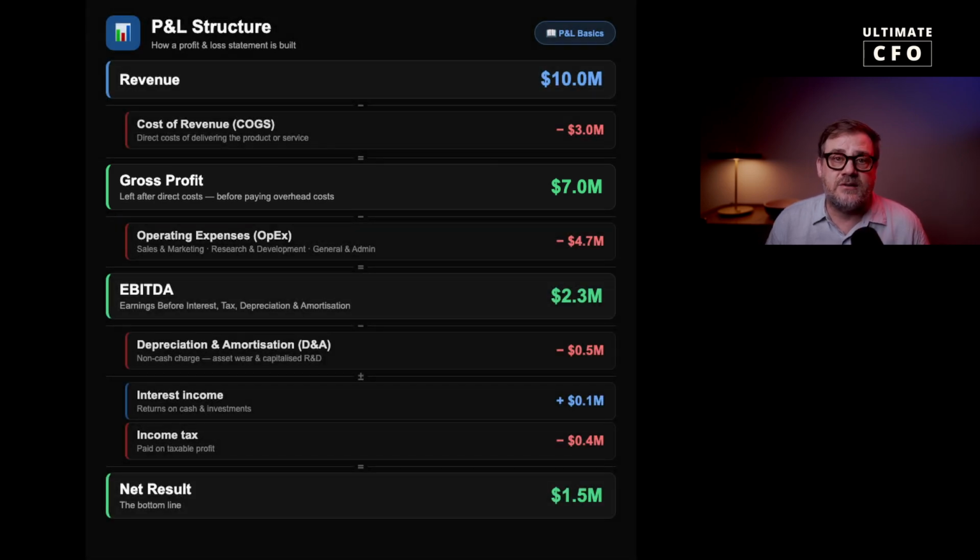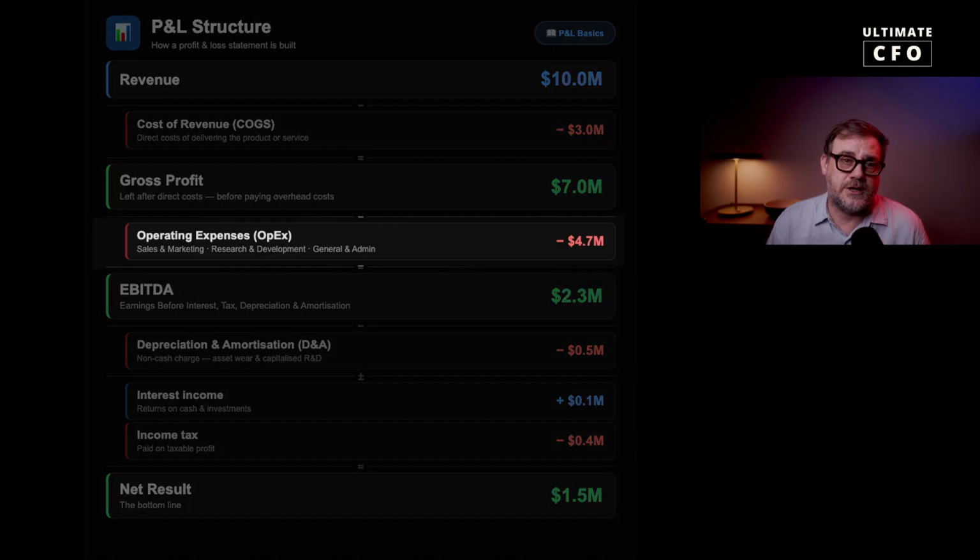So once we have our gross margin, we're next going to subtract our operating expenses. Usually there are three main buckets: sales and marketing, research and development, and general and administrative.